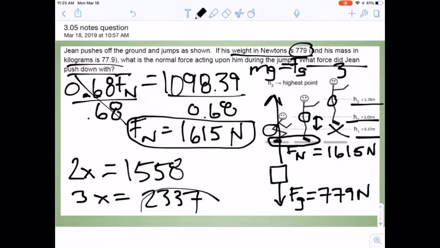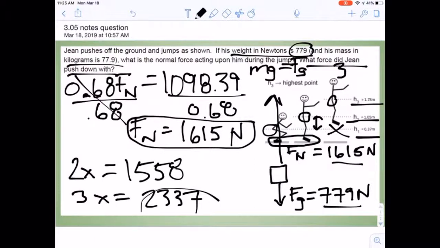So we know that the force that he pushes down on the floor, the floor responds by pushing up with that same amount of force. So the difference between the 1615 and the 779 is going to be how much force Gene applied to the floor.